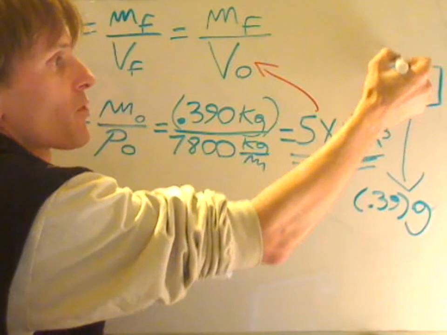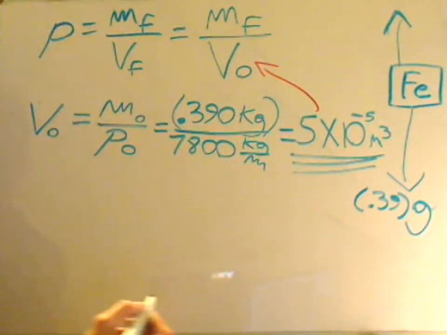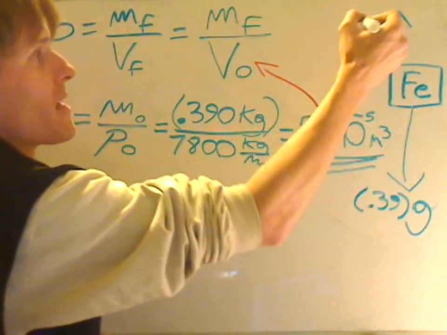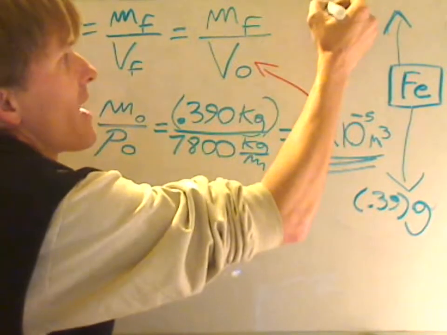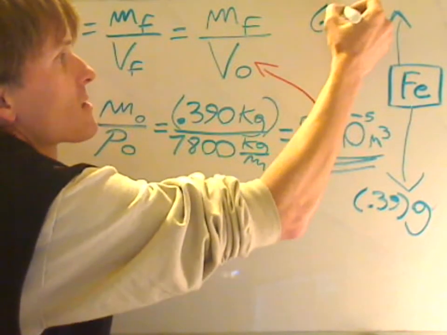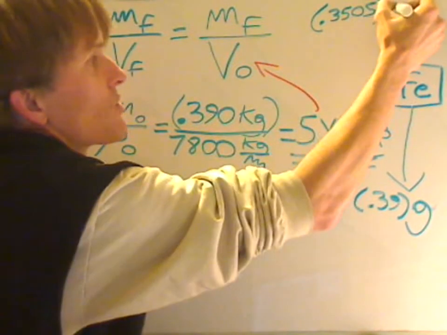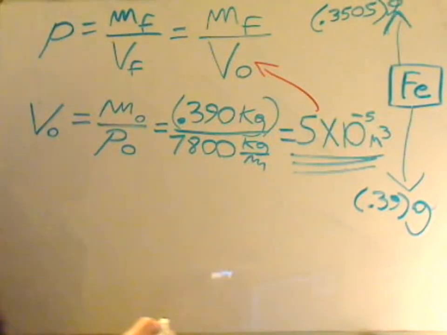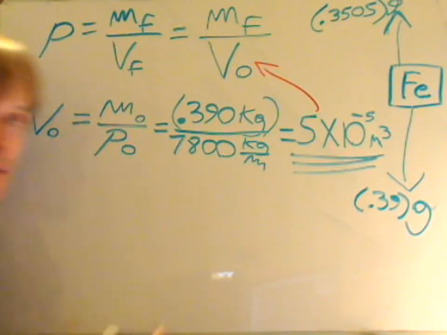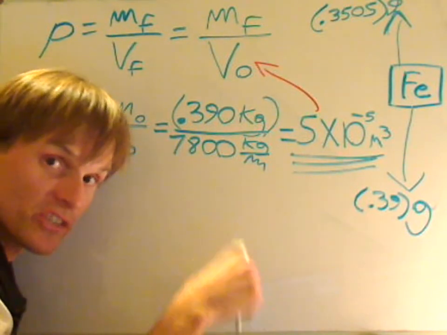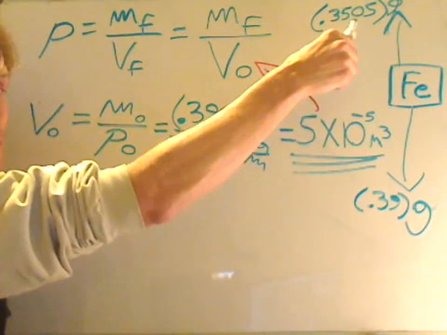So there's an upward force from the scale equal to the apparent mass times gravity. It's having to pull upward with a force of 0.3505 kilograms times g. Remember, that's its apparent weight in the fluid. That's the downward force on the scale. Therefore, there's an upward force on the object equal and opposite.